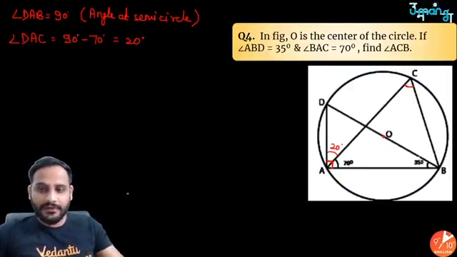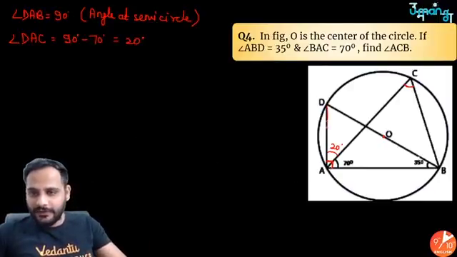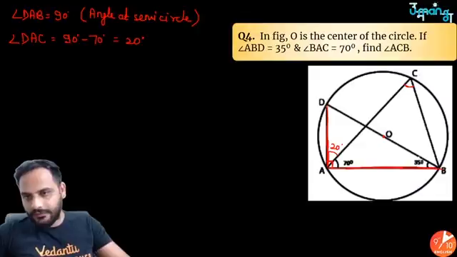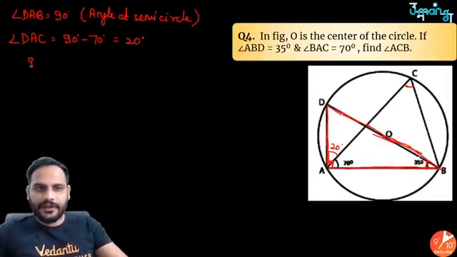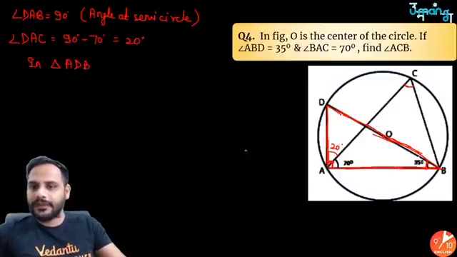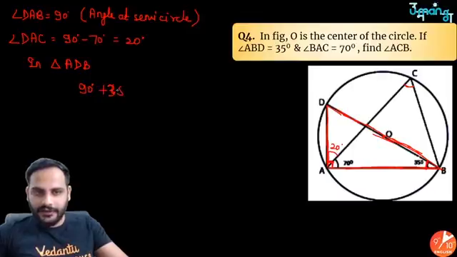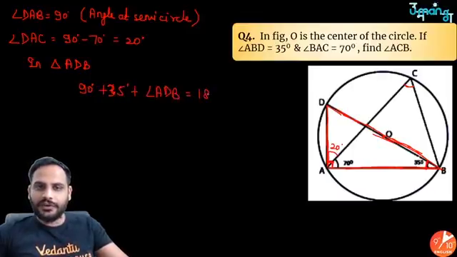But I know this will help: in triangle DAB now, I can use angle sum property. I know this angle is 90. I know this angle is 35. So in triangle ADB, one angle is 90 degrees, one angle is 35 degrees. The other angle ADB is unknown. Total is 180 degrees.